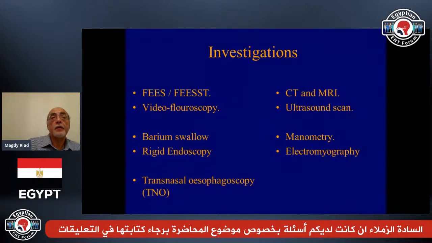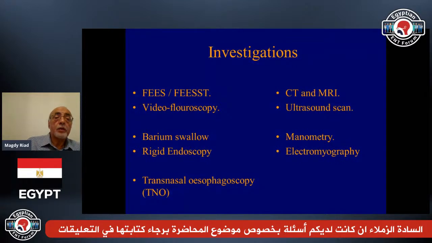Investigations of these patients would clarify things and generate much more information about what is going on. These are the commonest things that we use, the FEES, and we'll go through this in a second. Sometimes you can combine it with sensory stimulation by using the tip of the scope to measure the sensation of certain areas in the pharynx or the larynx, or even a puff of air through the scope, and video fluoroscopy.